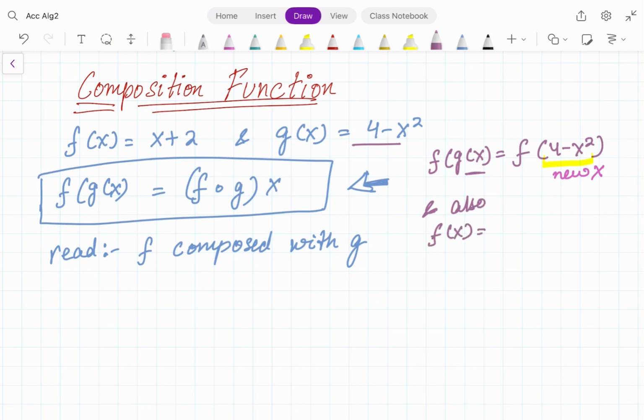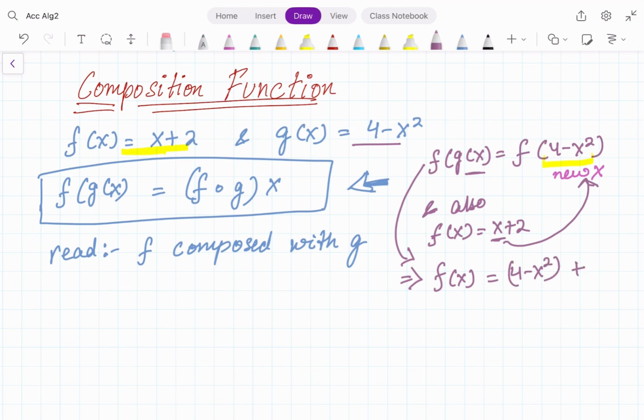Because f of x is x plus 2, replace x with your new x, and the new x is 4 minus x squared. So this will be, and this is the composite function.